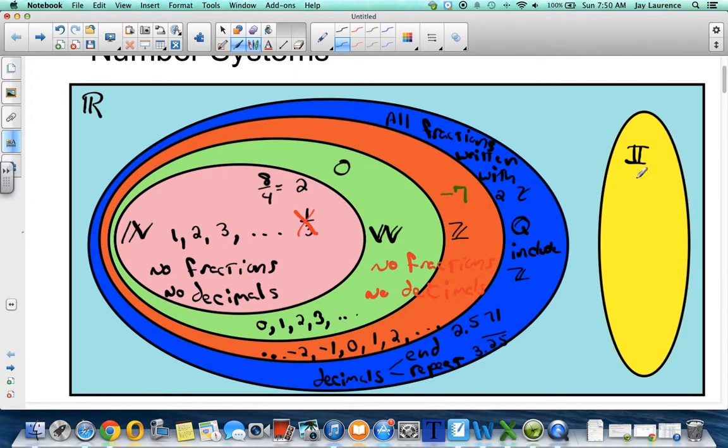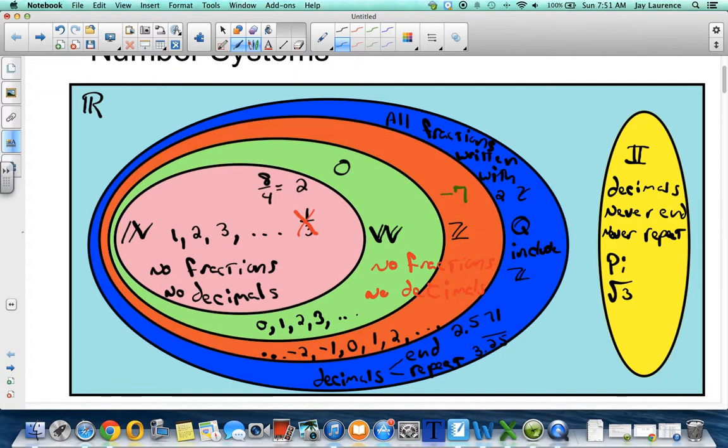The irrationals are over here kind of isolated by themselves, okay? They don't have fractions that can be written as 2 integers, and their decimals have 2 characteristics. They never end, and they never repeat. Okay, for example, pi is the best example we all know.